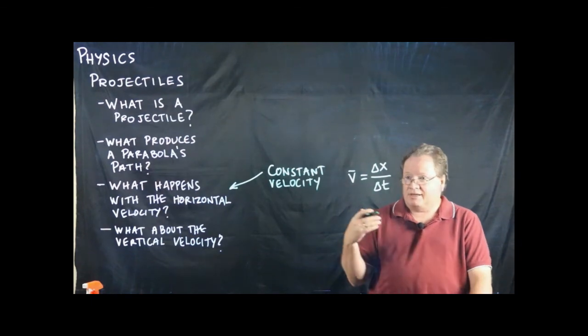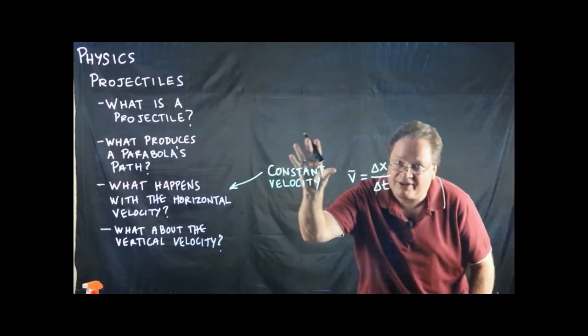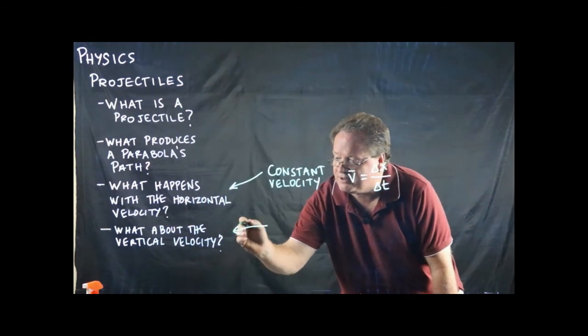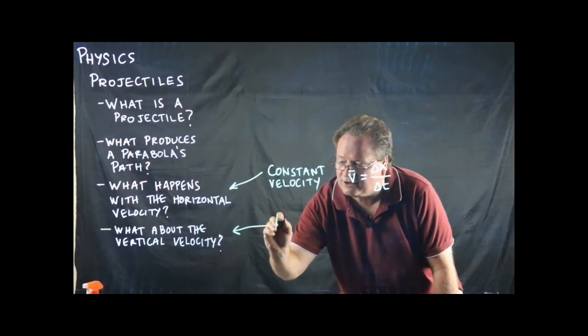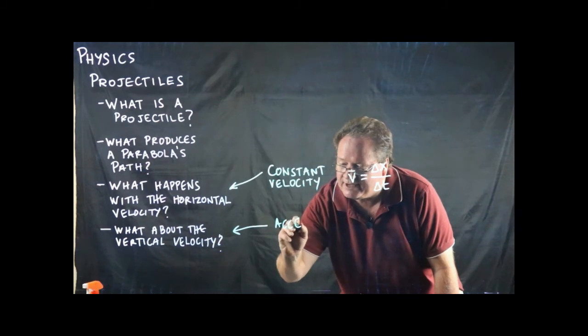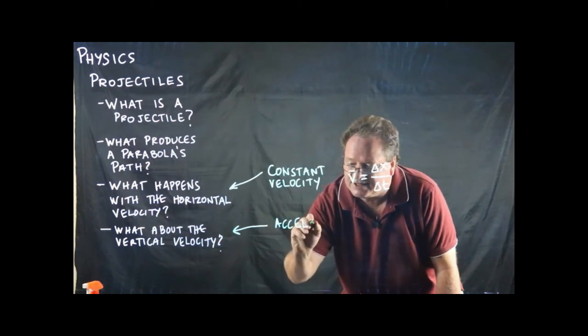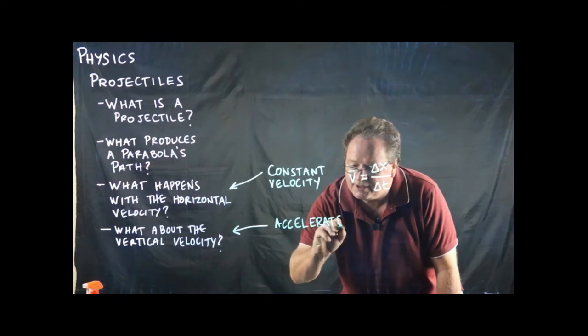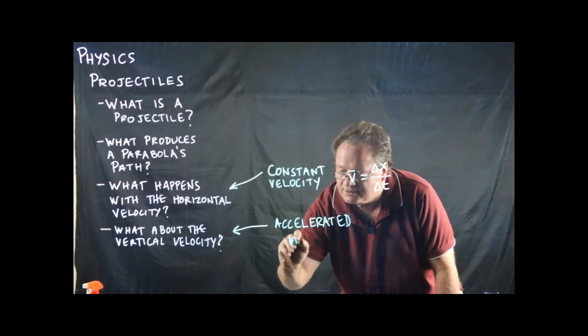Okay? Now, the vertical velocity is a little more complicated because what we saw in the experiment with the ball is that that velocity was not constant. The velocity vertically is accelerating. So what we could say is that this is accelerated motion.